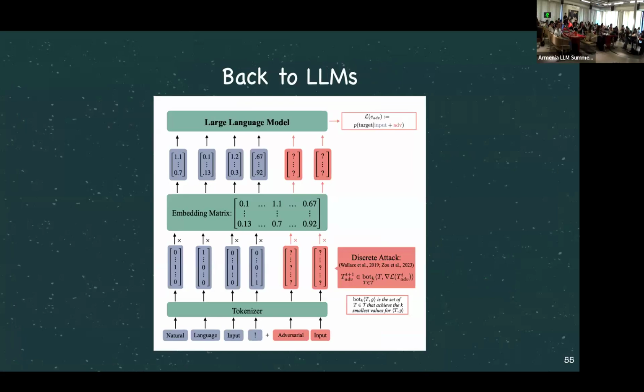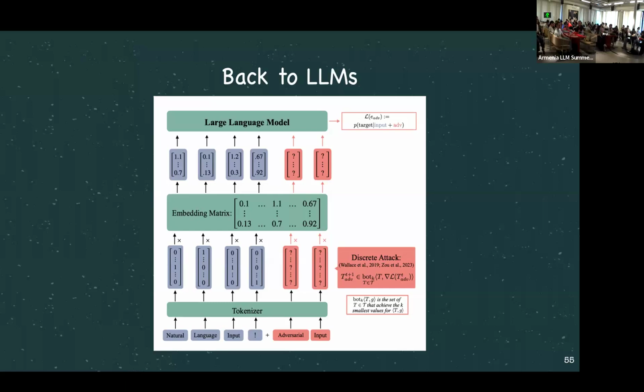We have this loss, how likely is the target given the input and the adversarial perturbation, and this whole process up to there is differentiable. So we can compute the gradient of this loss with respect to these quantities, and use this gradient to find the token that will make the model comply.